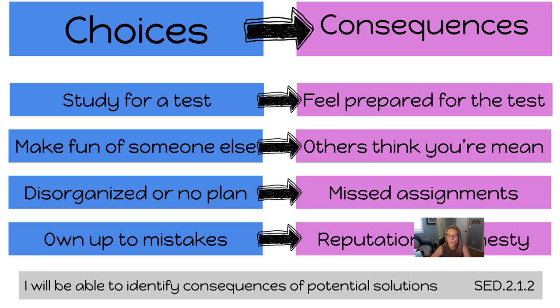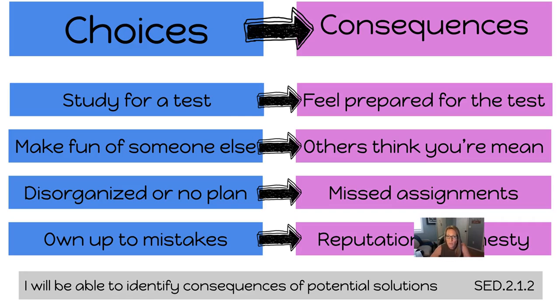Every choice that you make has a consequence. Some are big, some are small. If you choose to study for a test, chances are you're probably going to do pretty well and you're going to feel prepared for it. If you choose to make fun of other people, then other people will probably think that you're mean or unkind.